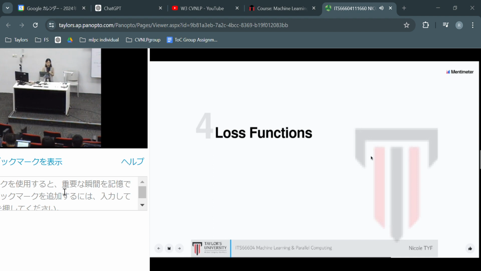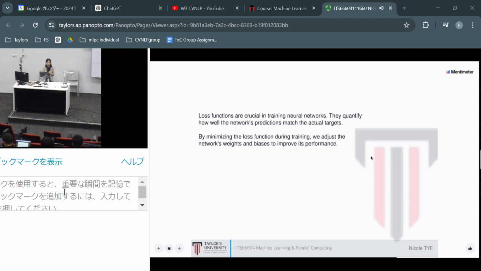So they quantify how well a network's prediction matches the actual outcome. So the process of training any machine learning algorithm is a loss optimization task. Loss optimization means what we are trying to do is adjust the weights in order to minimize the loss. Minimizing the loss means minimizing the error.